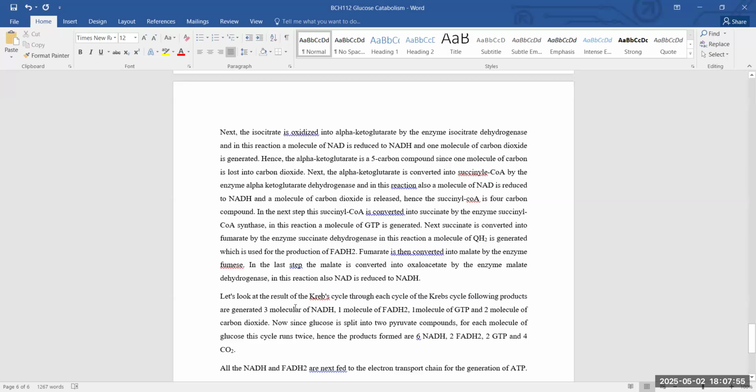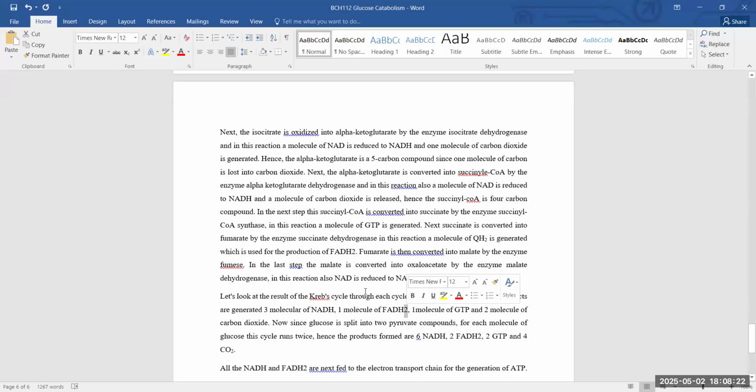So the results of the Krebs cycle, that is the TCA cycle. The products of the TCA cycle are 3 molecules of NADH, 1 molecule of FADH2, and 1 molecule of GTP.